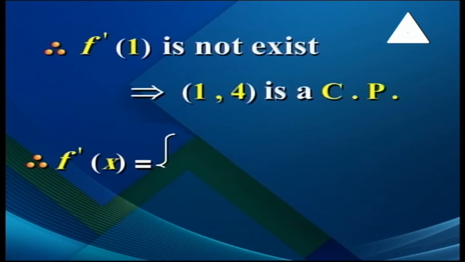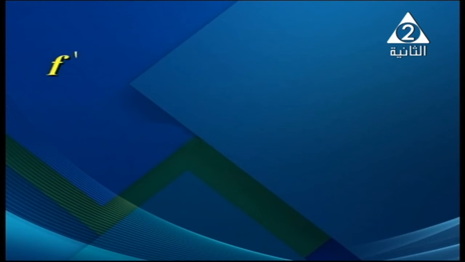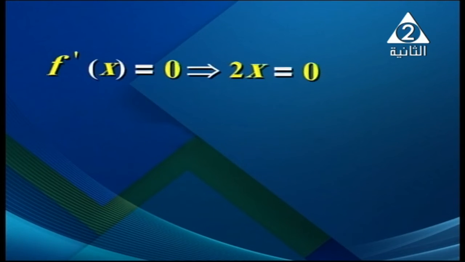f dash of x, my dear student, from the previous function equals 2x when x is smaller than 1, and equals 3 when x is more than 1. f dash x equals 0, then 2x equals 0. What do you mean, my dear student? x equals 0.